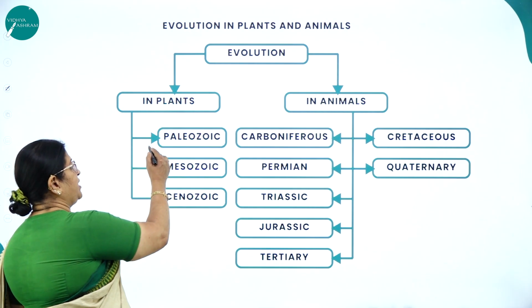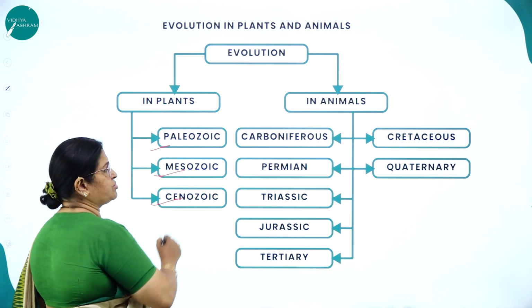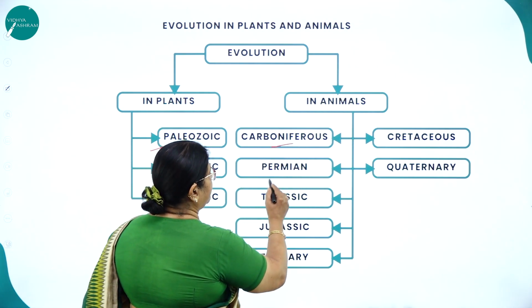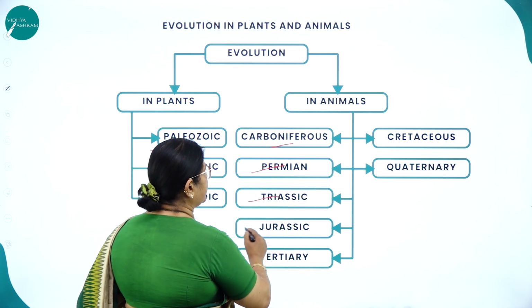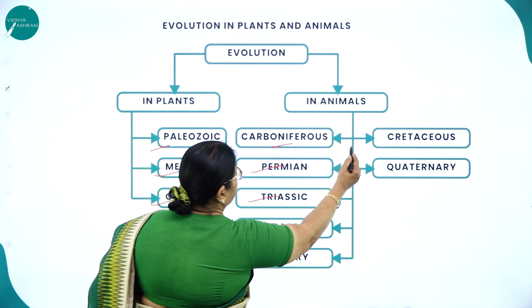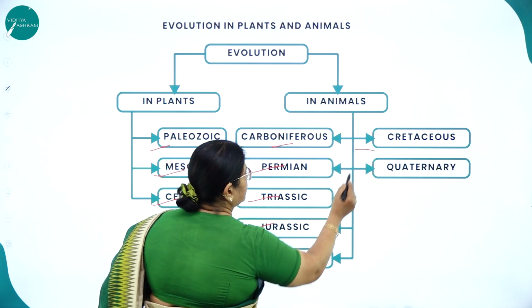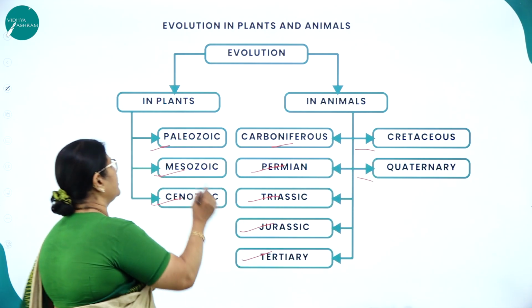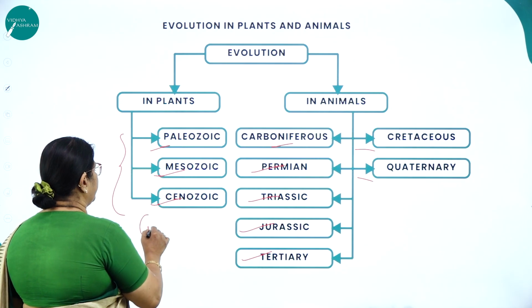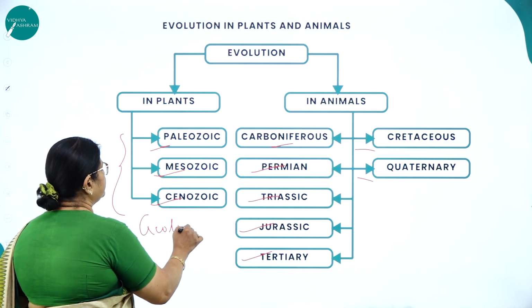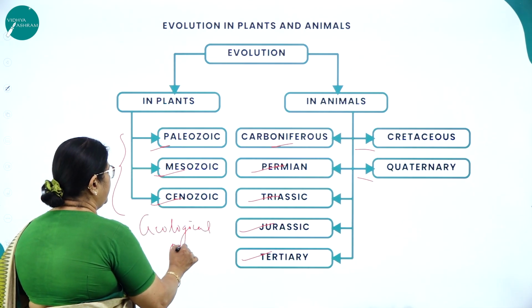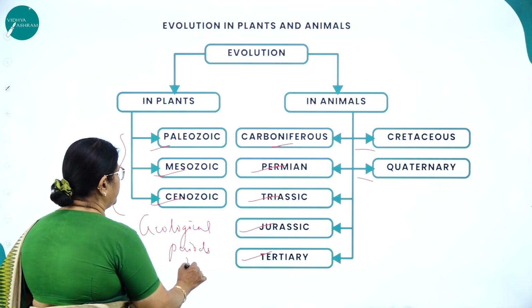What were they? Paleozoic era, Mesozoic era, Cenozoic era, Carboniferous, Permian, Triassic, Jurassic, Tertiary. Then we have the Cretaceous and Quaternary. These are the different geological periods where we use the word era.